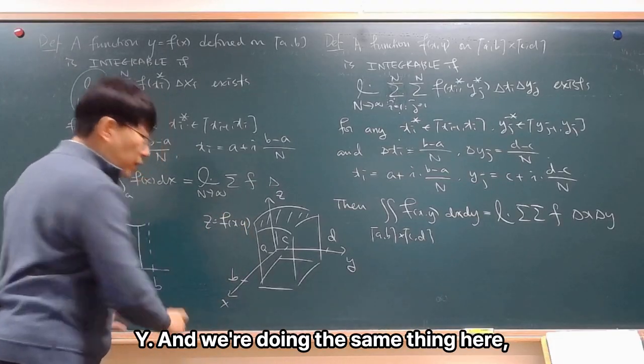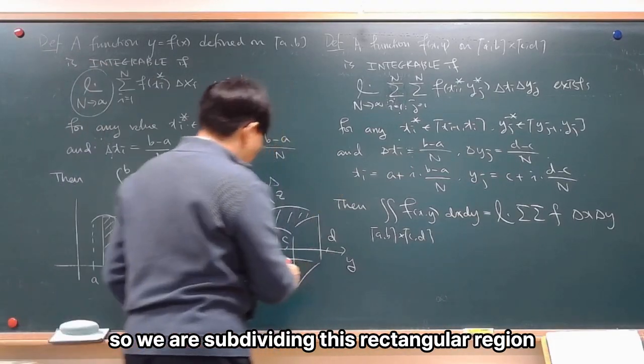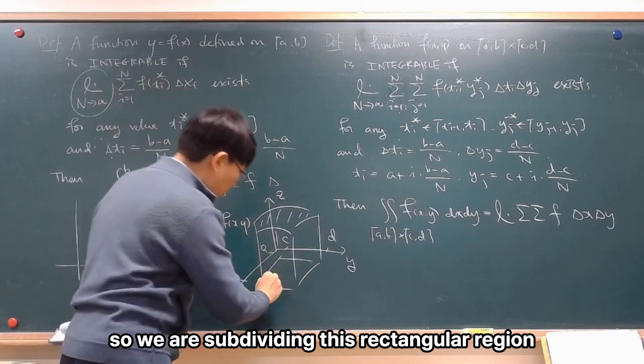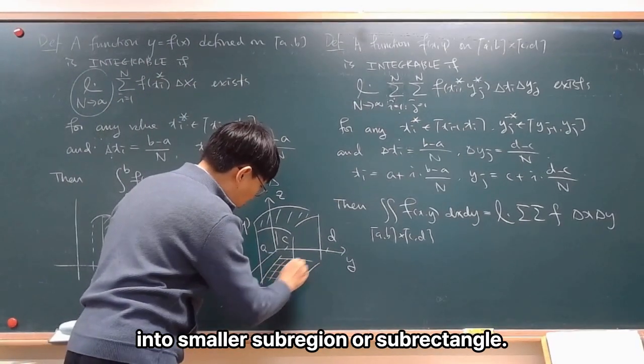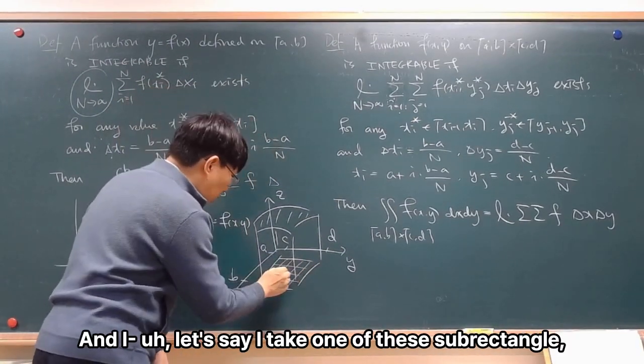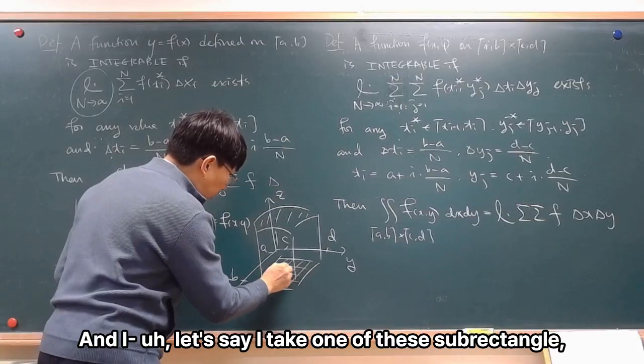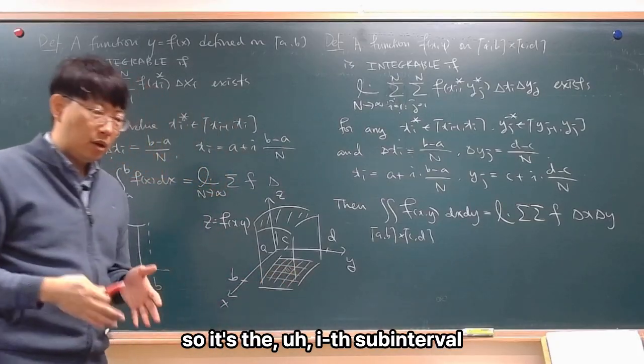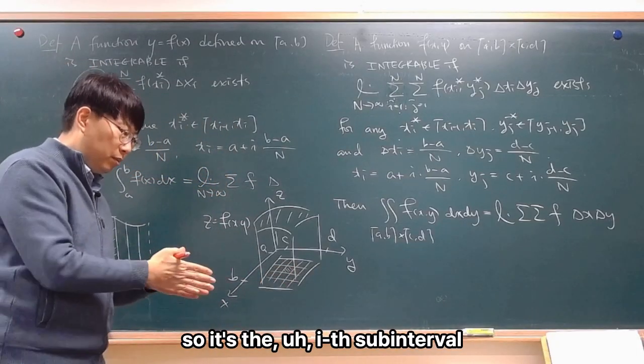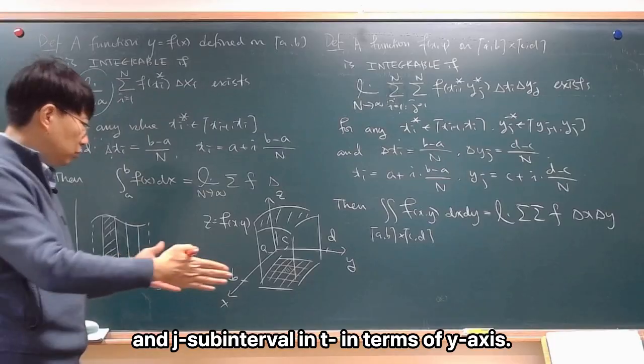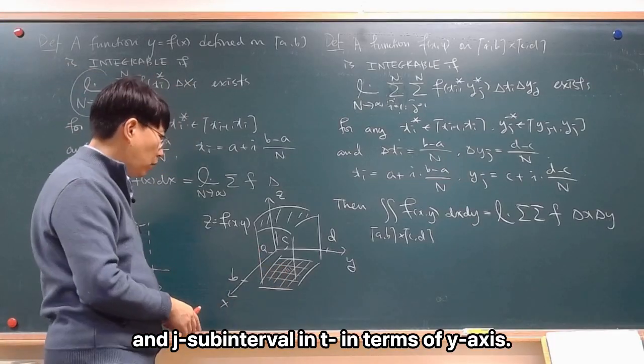And we're doing the same thing here. We are subdividing this rectangular region into smaller subrectangles. Let's say I take one of these subrectangles, the ith subinterval on the x-axis and the jth subinterval on the y-axis.